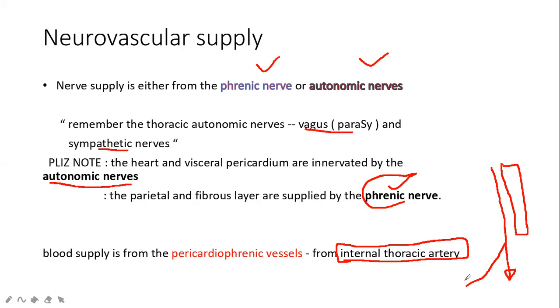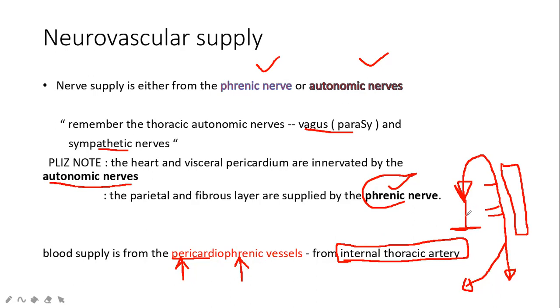Along the way it gives the anterior intercostal arteries. But before that, at the top, it gives one branch that goes to the pericardium, to supply the pericardium, and then it goes down until it reaches the diaphragm and supplies the diaphragm. That's why it's called pericardiophrenic: pericardio for the pericardium, phrenic for the diaphragm.